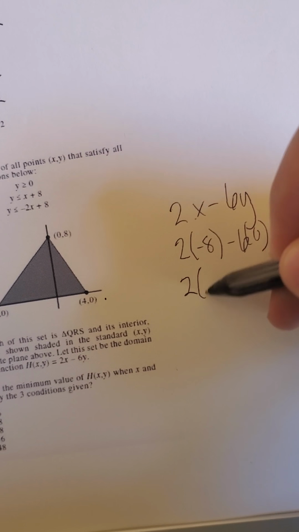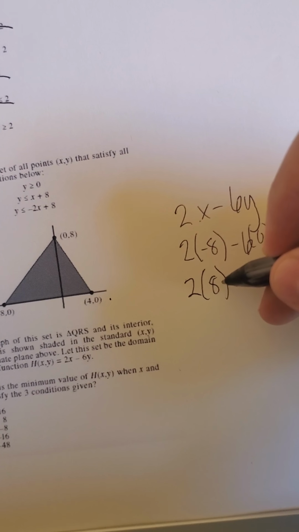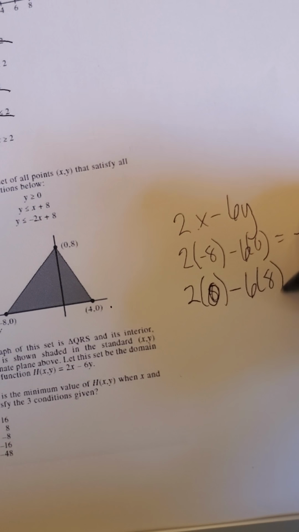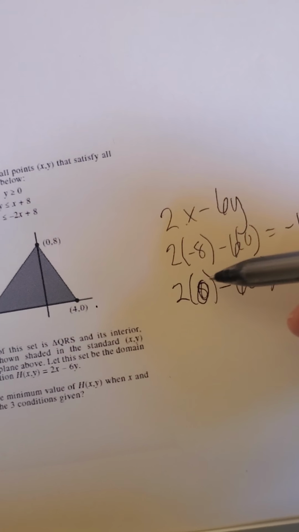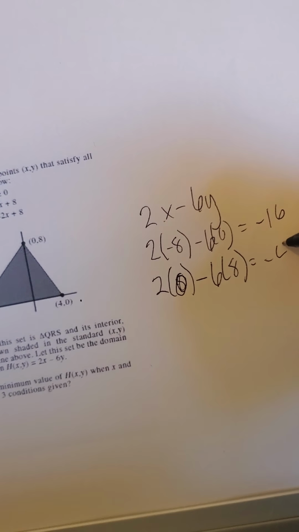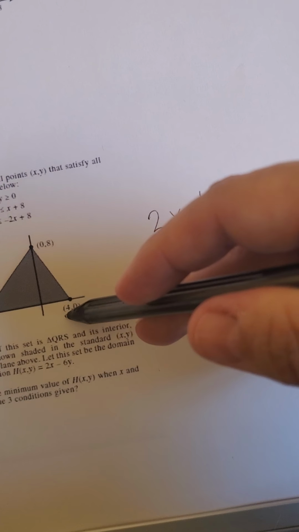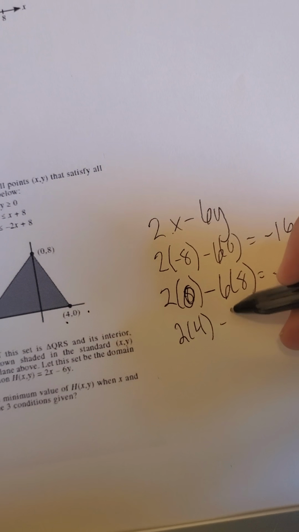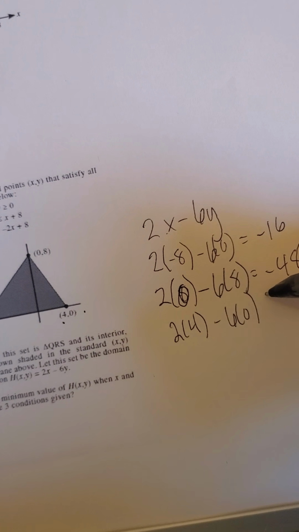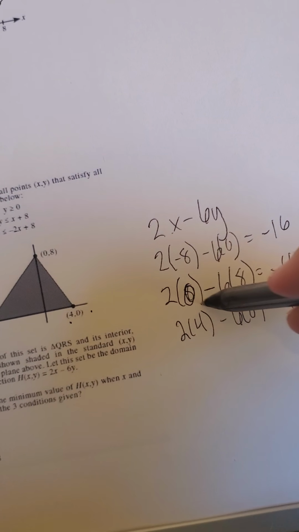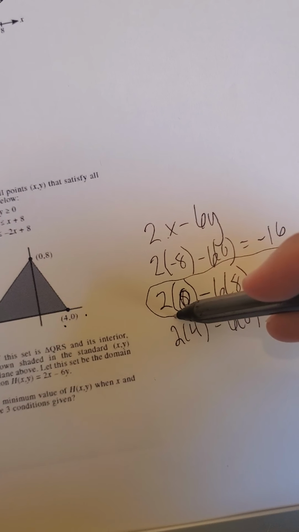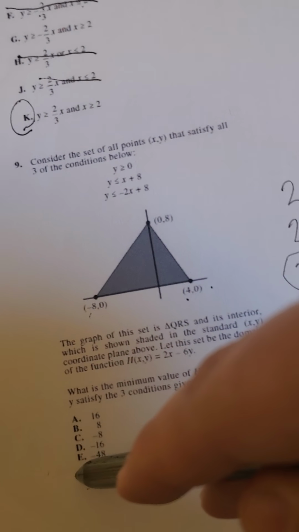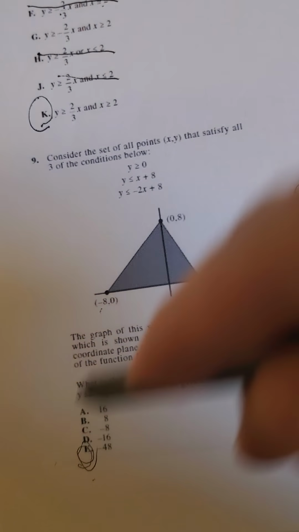So 2 times 0 minus 6 times 8. All right, that's 0 minus 48, so it's -48. And then the last one is 4, 0. 2 times 4 minus 6 times 0. So that's 8. So I can tell this one is my smallest value, right? So when I look down here, my answer is -48.